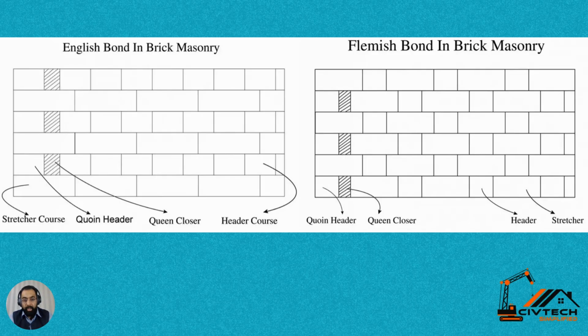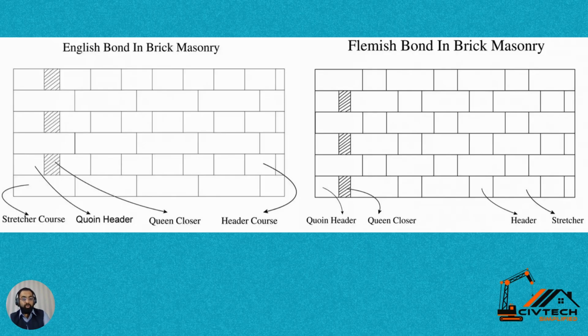English bond has the lowest course as the stretcher course throughout, and then on our right in the Flemish bond, a queen closer is given, and then we have first a header, queen closer, and then stretcher, then header, then stretcher, header.